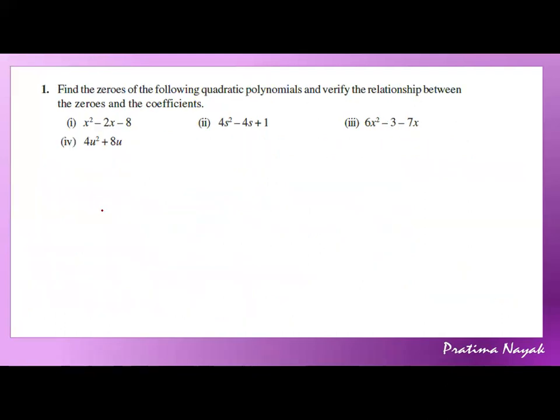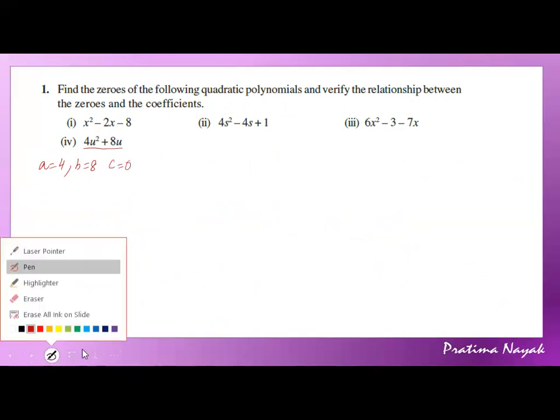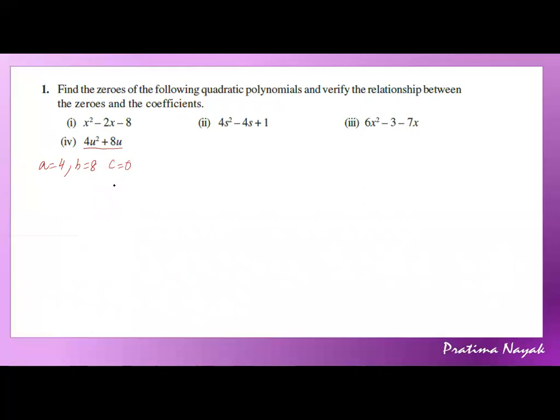Next, fourth part, 4u square plus 8u. So what is a here? a is 4. What is b? b is 8. What is c? c is not there, so 0. So in this equation, we wrote a, b, c. Then I'll give the zeros of this. So 4u square plus 8u, make it 0, and take 4u common.